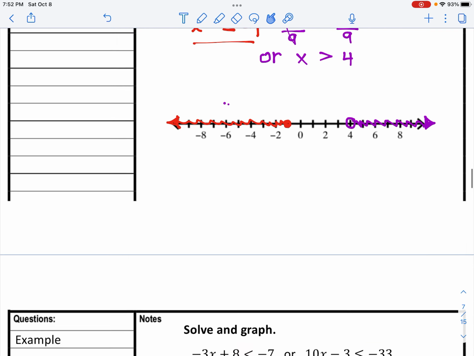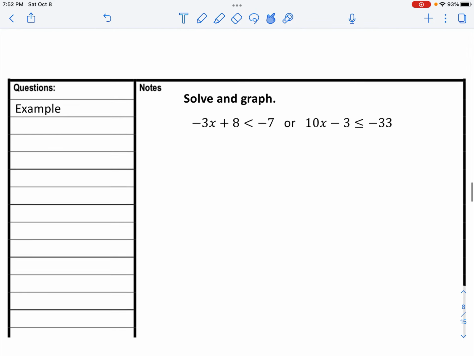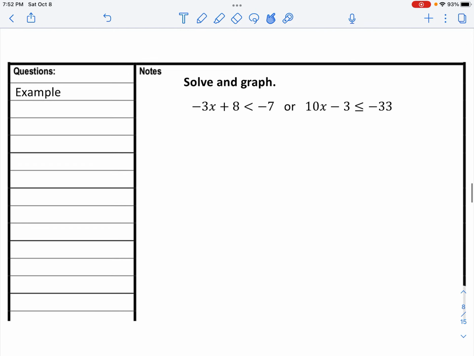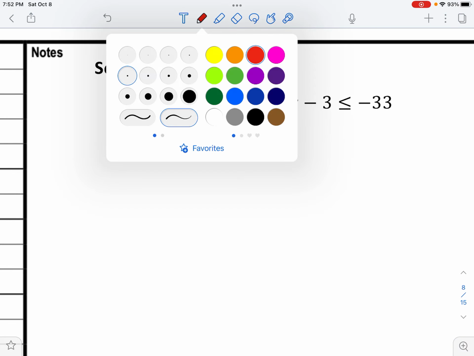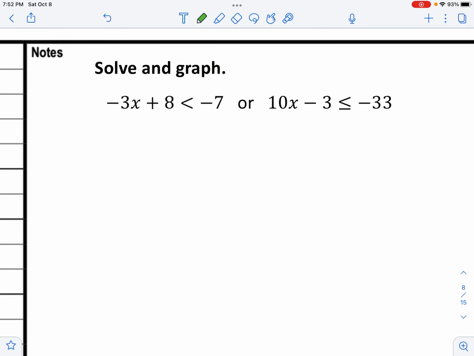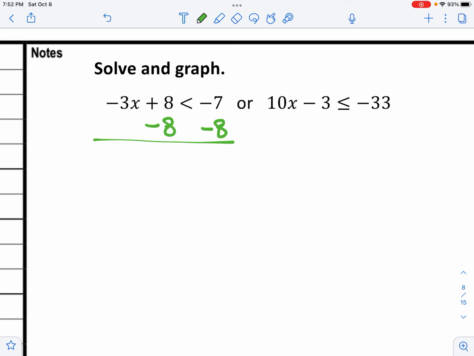So there's one. So same thing. Here's another one, just a little bit different. Okay, so subtract 8 from both sides. We're just going to solve each of these independently and put them both on a number line.